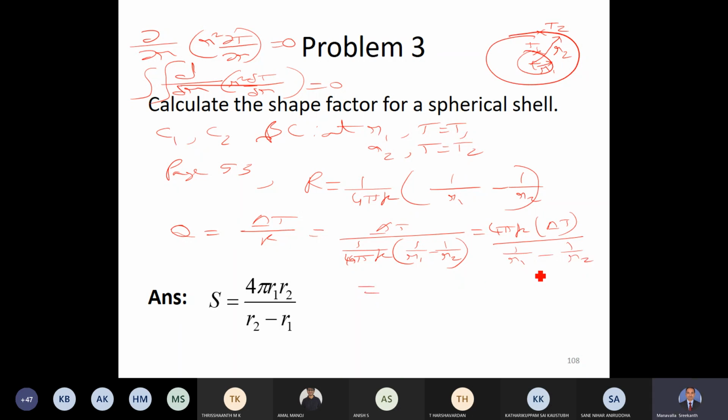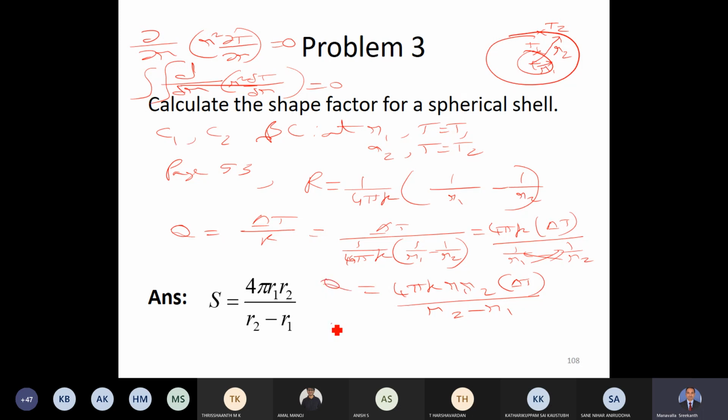Or further simplifying, you take the LCM of 1 by R1 minus 1 by R2. So this LCM will be R1 R2, which can come to the top. So this will be 4 pi k R1 R2 multiplied by delta T divided by R2 minus R1. Now this is the value of Q.